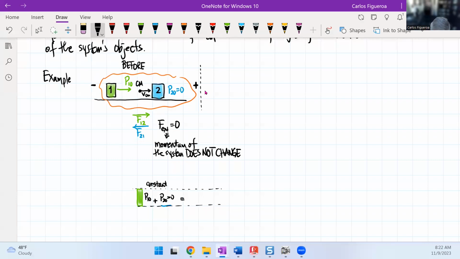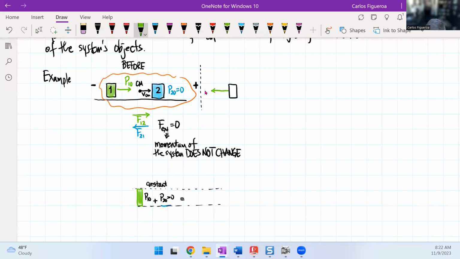So now that means that P1 and P2 have to adjust themselves to keep that constant. So what's most likely going to happen? I don't know what the initial momentum of 1 is, but a reasonable scenario here is that P1 is then going to move in the opposite direction.